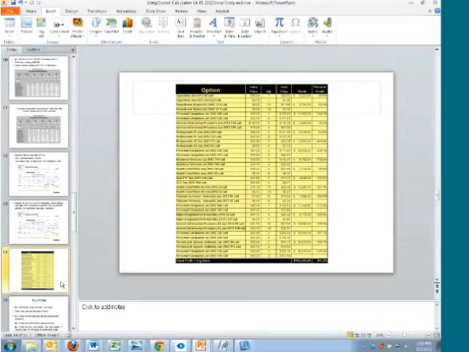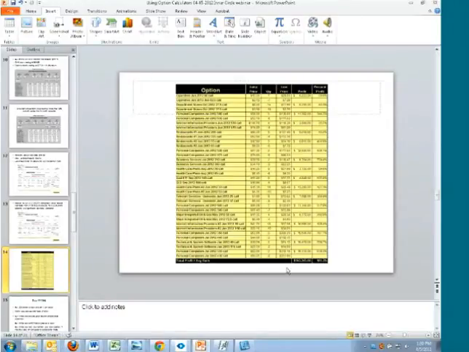Here's, as of yesterday, the open trade results for the option spread portfolio, and we have a $163,000 open trade profit, average return of 181%.